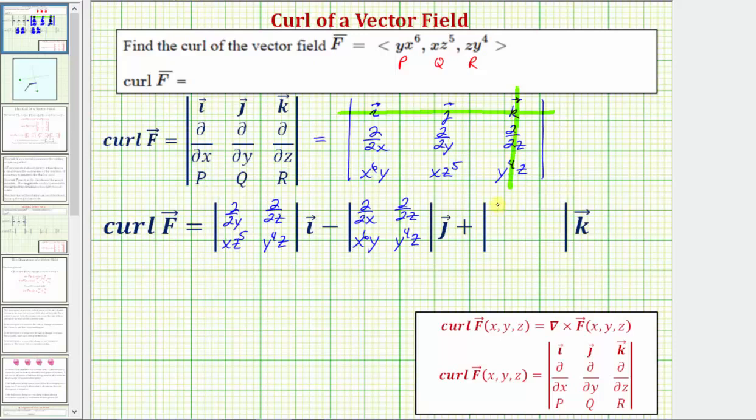So we have the partial with respect to x, the partial with respect to y, x to the sixth y, and x z to the fifth.